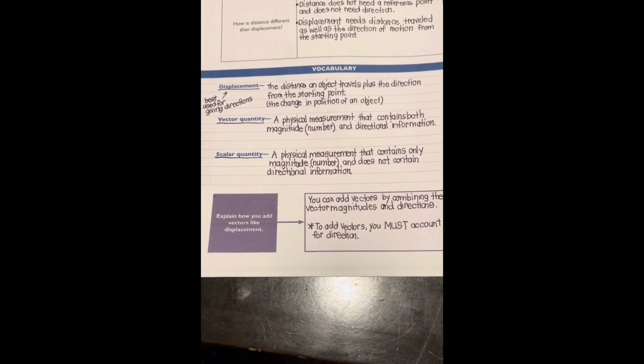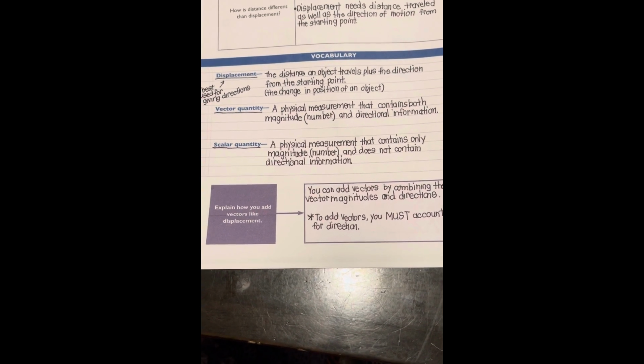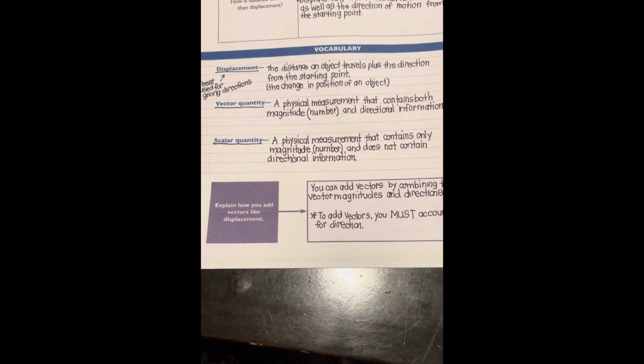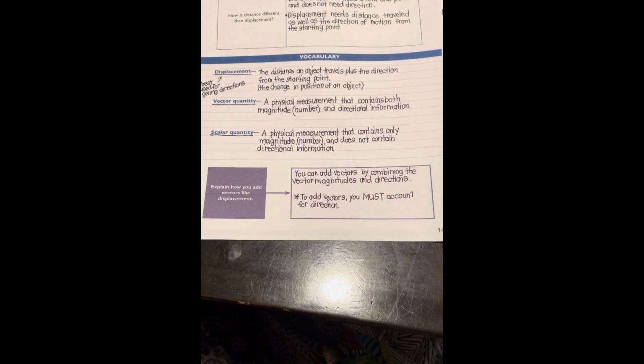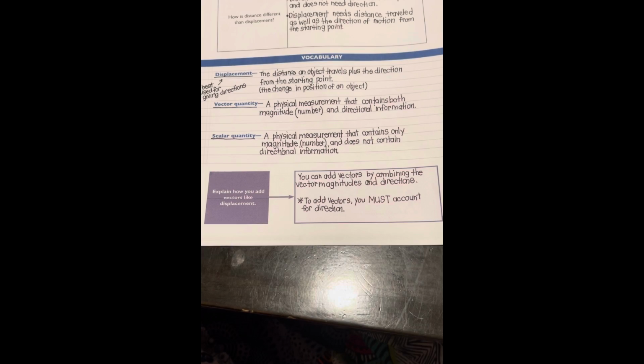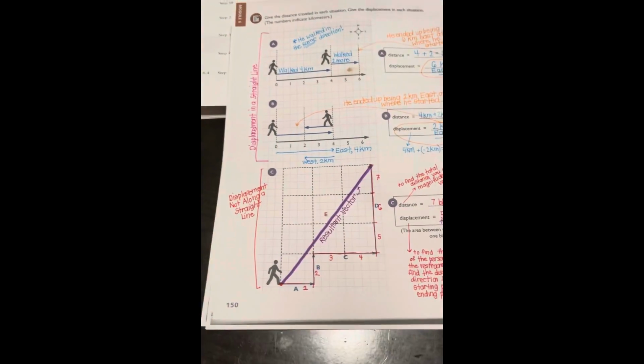Scalar quantity is a physical measurement that contains only a number and does not contain any directional information. All right, so if I wanted to add vectors, you can add vectors by combining the vector magnitudes and directions. To add vectors, you must account for direction, which then leads me to this page.